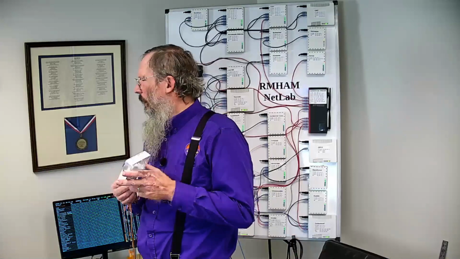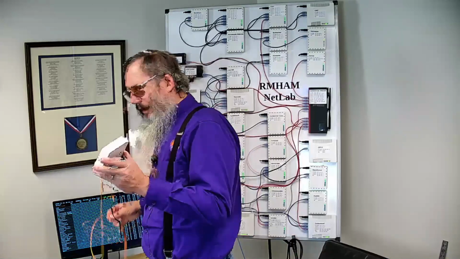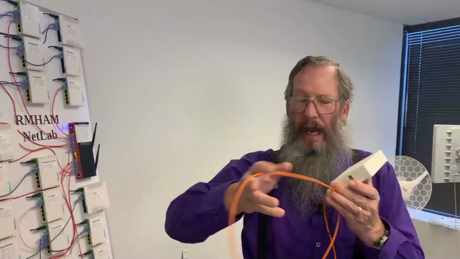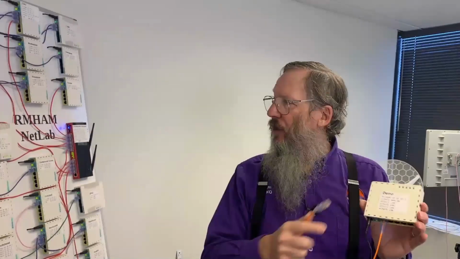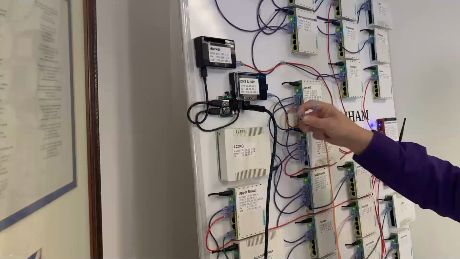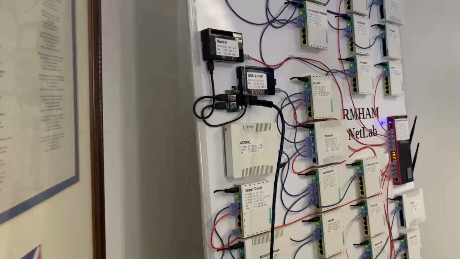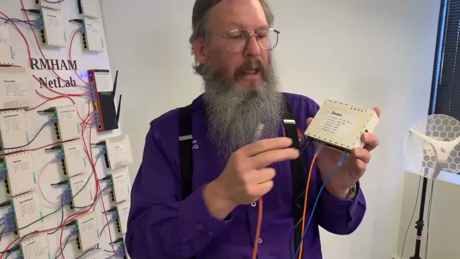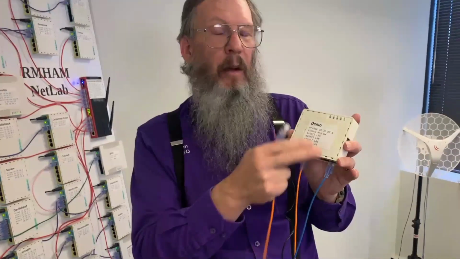So this orange wire I am going to use to connect this device to where I used to be connected with my laptop directly. And I'm going to instead plug my laptop here into the LAN so that I am now going to become part of the local network on this particular device.